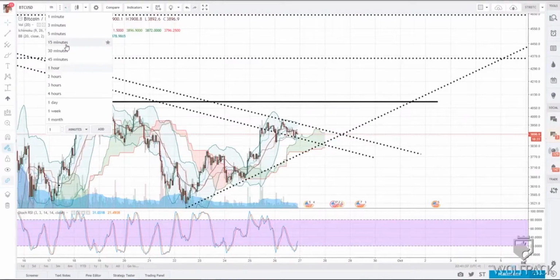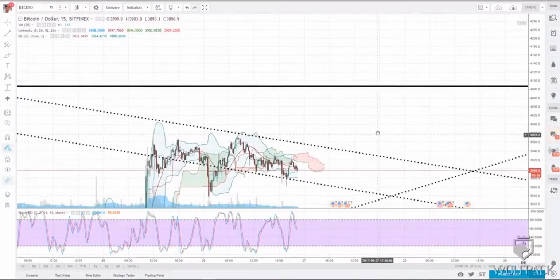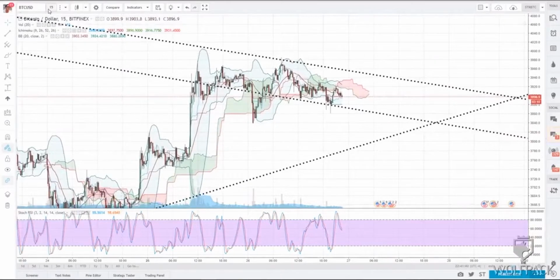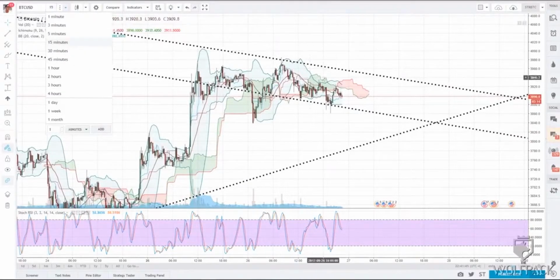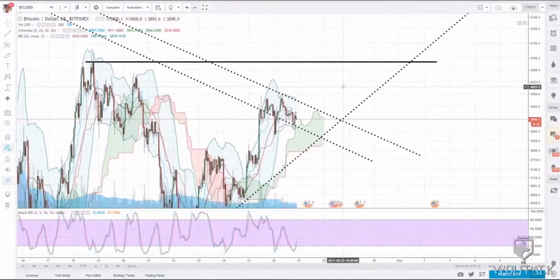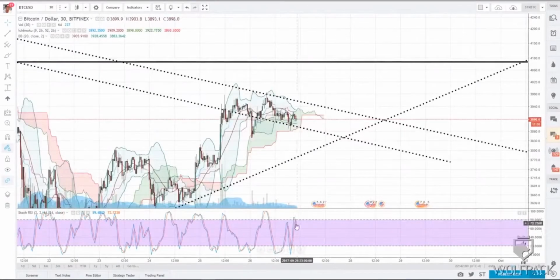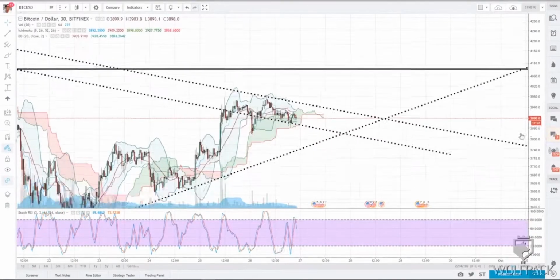But you can still zoom into the other things like the 15-minute to get a grasp of what the 1 hour is doing. So say the market right here, you go to the 1 hour chart and you see the RSI is curving upwards, right? So it looks like it's going up, but you don't really know for sure if it's going to go up. So that's why you zoom in a little bit and look at the RSI on the 30 minutes curving down.